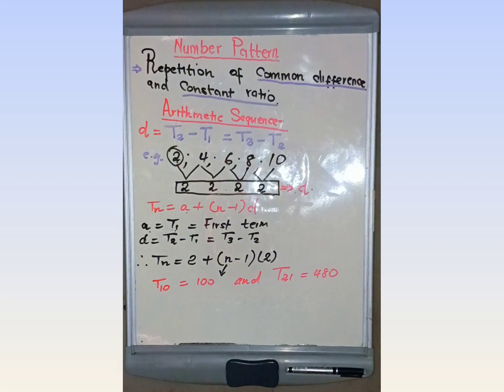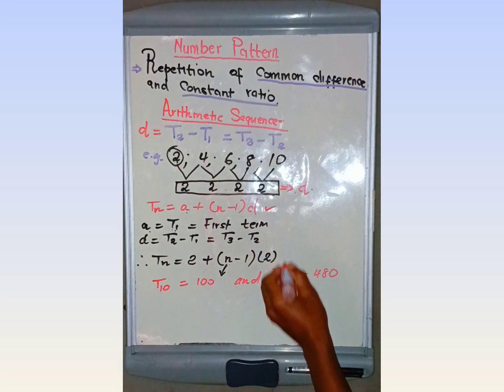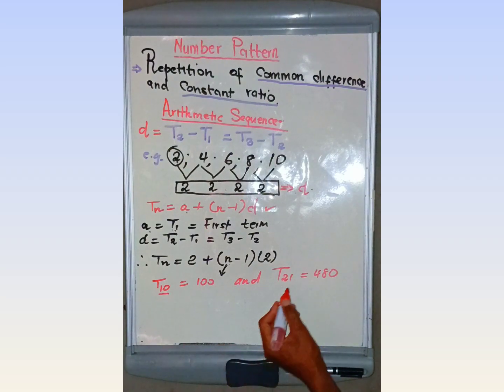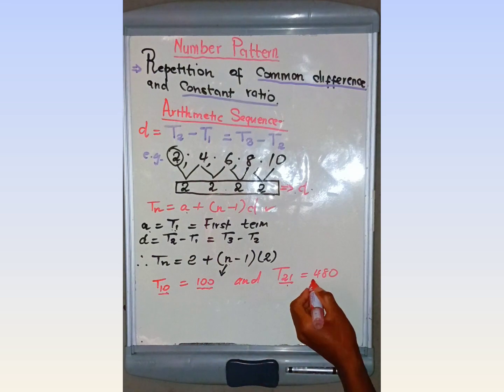It's very simple. We are just going to use the nth term formula. Here we have n as 10 with the nth term 100, and another n as 21 with the nth term 480.